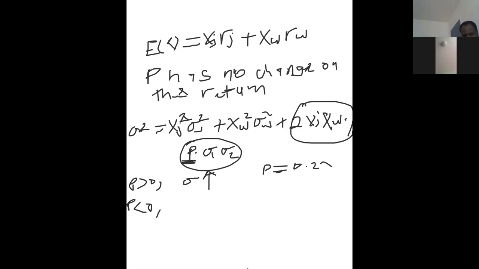All right. Okay. So we are looking at the C part. Plot the efficient frontiers when P is equal to 1, 0, and -1. Same thing. Let me clear this part. Now we plot efficient frontiers when we have only two assets.